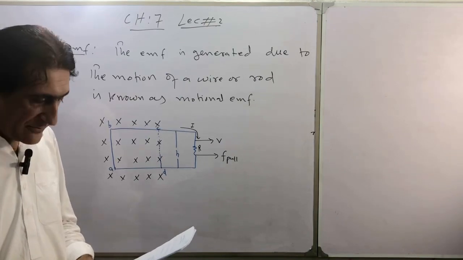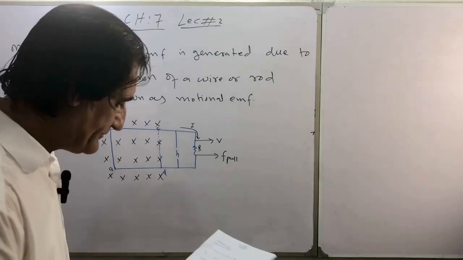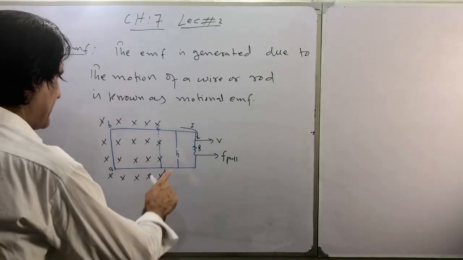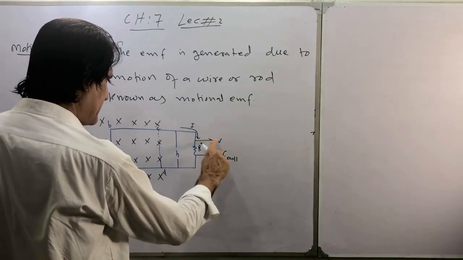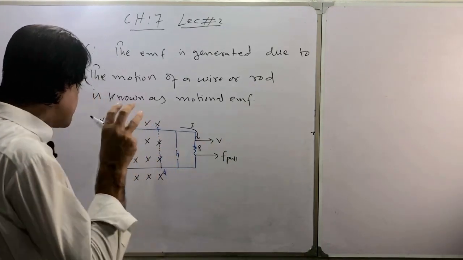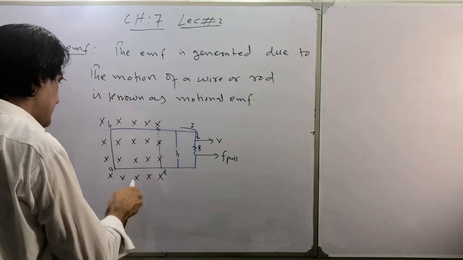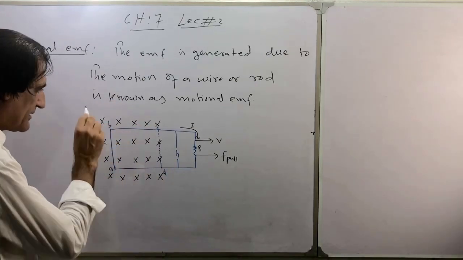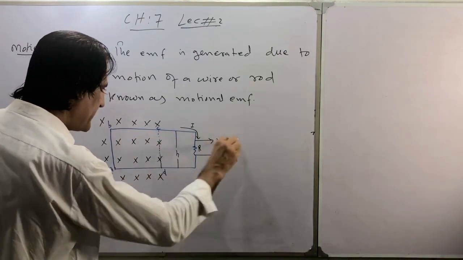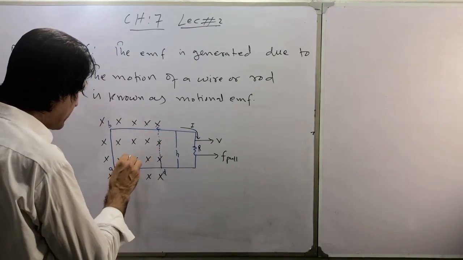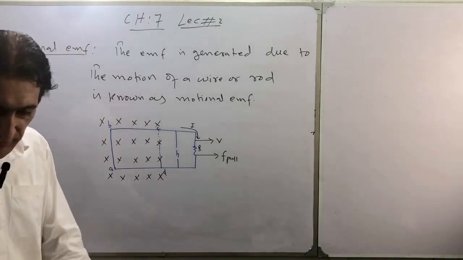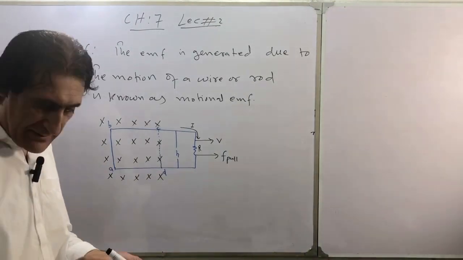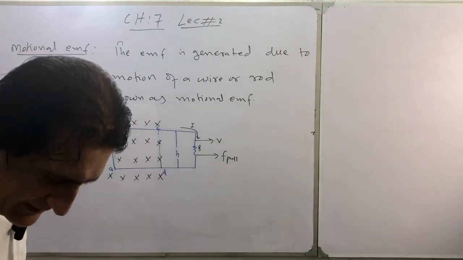Now I want to write down something. Here, this h is the length, and v and B are perpendicular to each other. How can we visualize this?